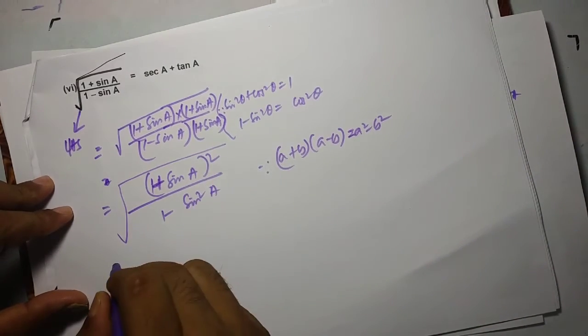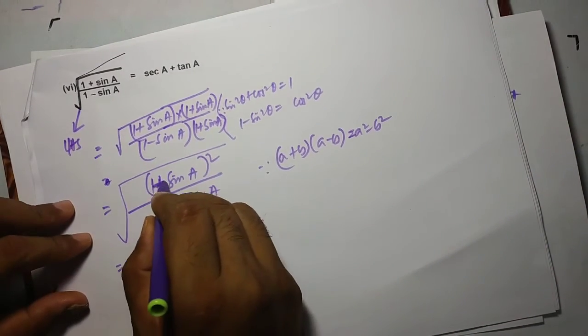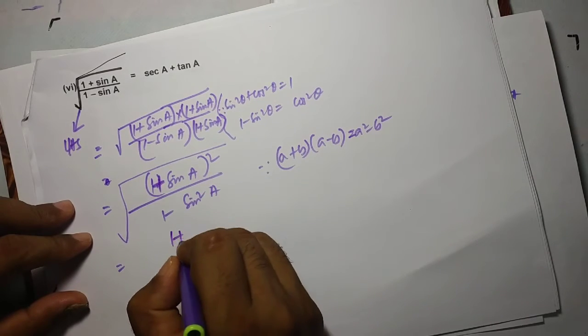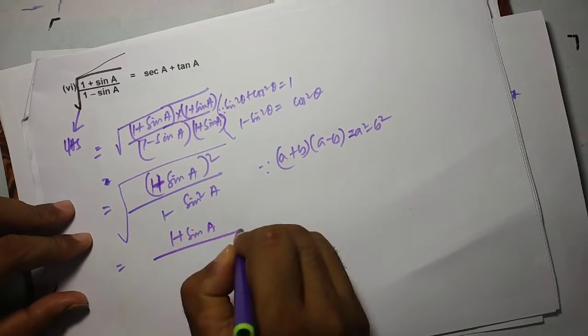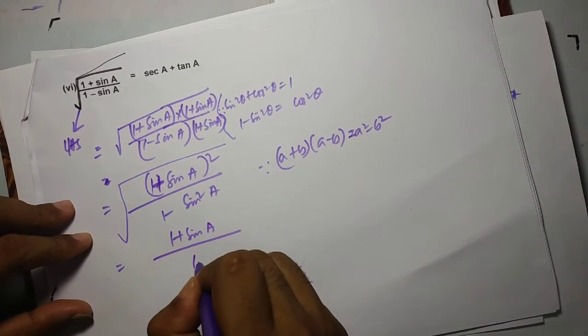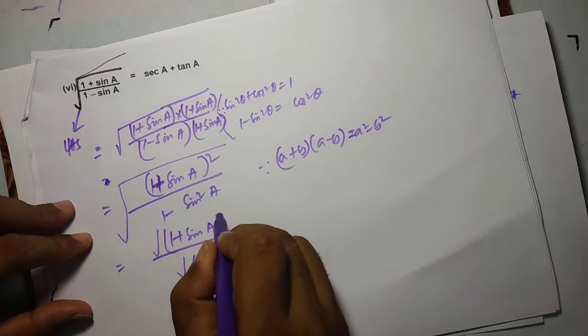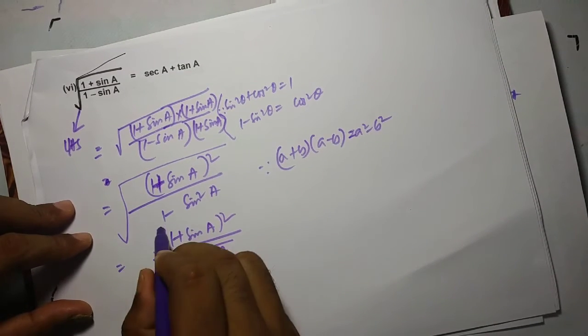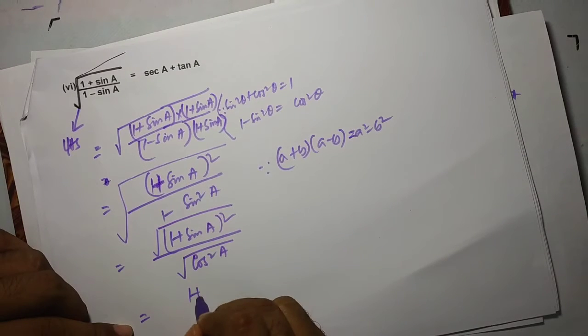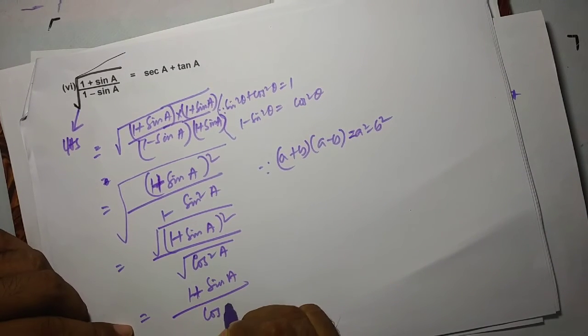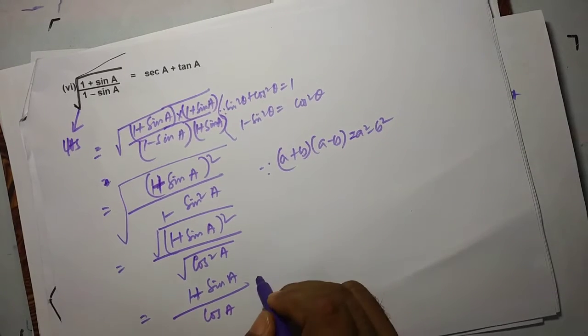And this is whole root. So this is 1 plus sin A whole square, so we can write this is 1 plus sin A, the root is neutral, and this is cos square A. Cos square A is root, or you can write 1 plus sin A, and this is cos A. Root is neutral by the square now.